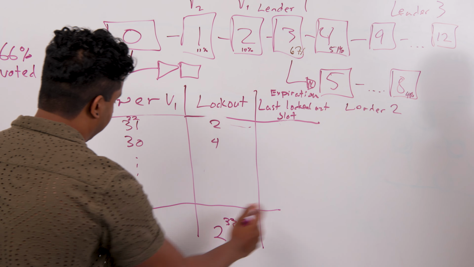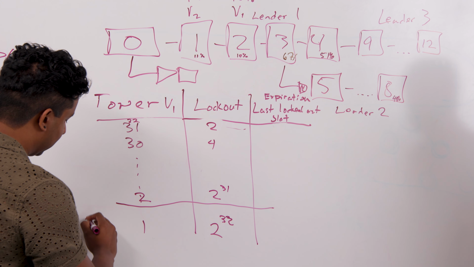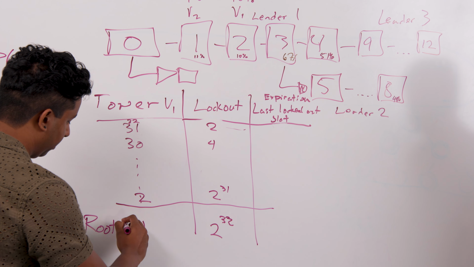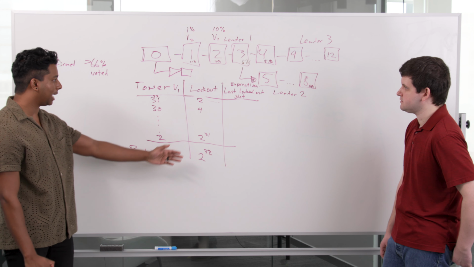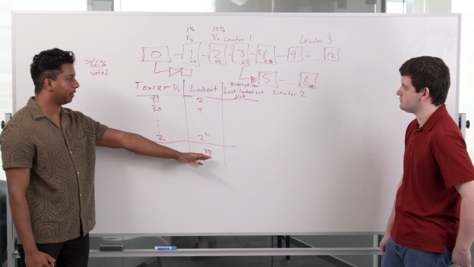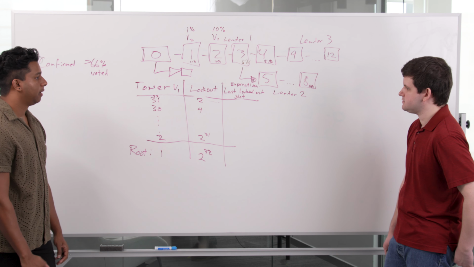So now our tower starts at 2, and then we say that this is our root. All it means for something to be a root is it has reached a tower depth of 32 or more.